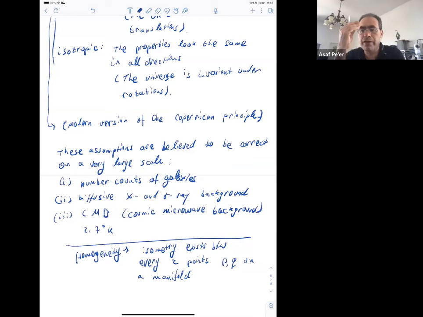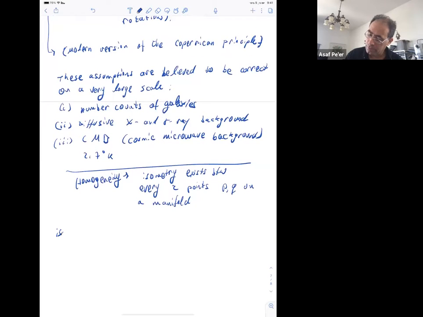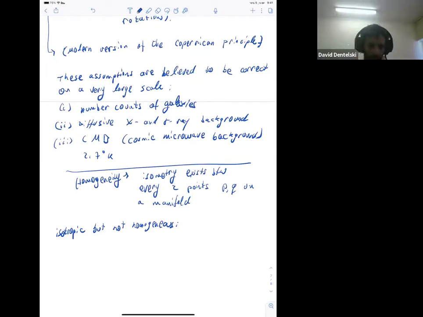Now, just one thing. Know that the metric can be homogeneous, but it can be isotropic but not homogeneous. Can you tell me a metric that is isotropic but not homogeneous? Maybe polar coordinates?